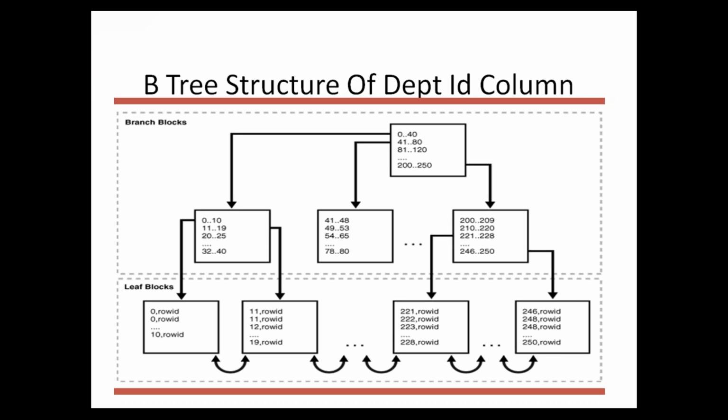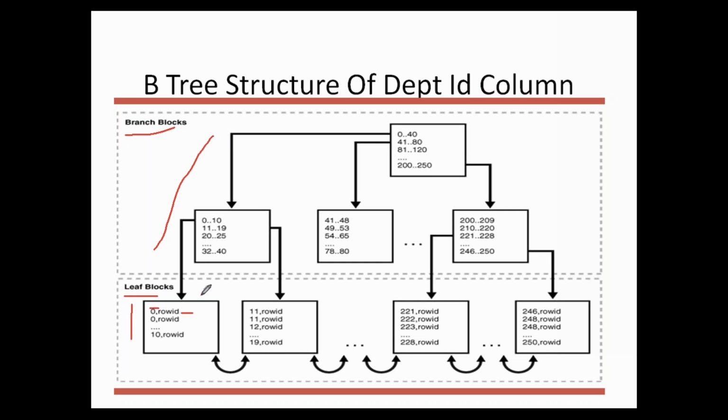This slide explains the B-tree index, wherein a B-tree index contains two kinds of blocks, branch blocks and leaf blocks. Using branch blocks, you navigate to the leaf blocks, which contain the actual data and then the row ID.